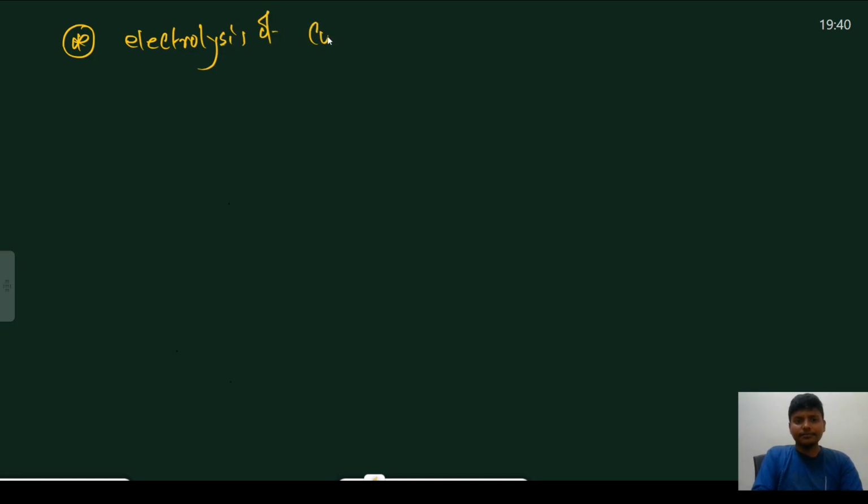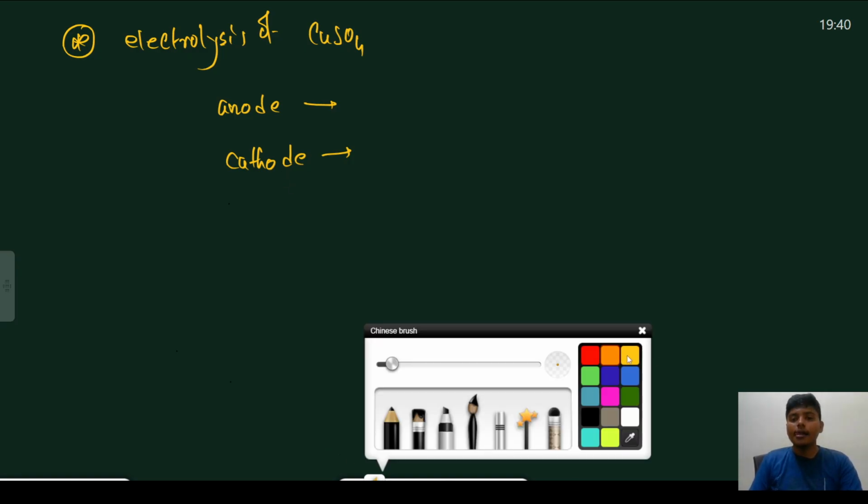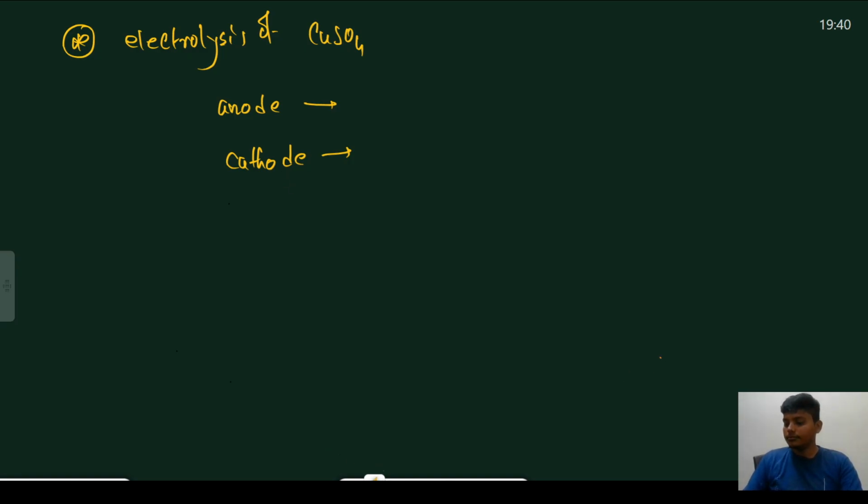If you do electrolysis of copper sulfate, at the anode what will form, and at the cathode side what will form? Anode is oxygen. Very good. At the anode side oxygen will form.